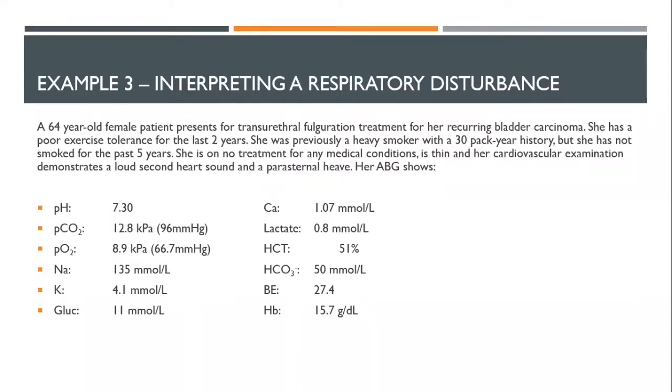She's not on any medical treatments at the moment. She's thin, and her cardiovascular examination demonstrates a loud second heart sound and a parasternal heave. So the ABG that you're given shows a pH of 7.3. She's got a PCO2 of 12.8 kPa or 96. Her PO2 is slightly low, and the rest is somewhat unremarkable apart from a bicarb of 50 and a base excess of 27.4.